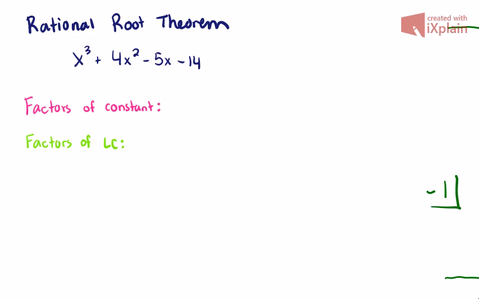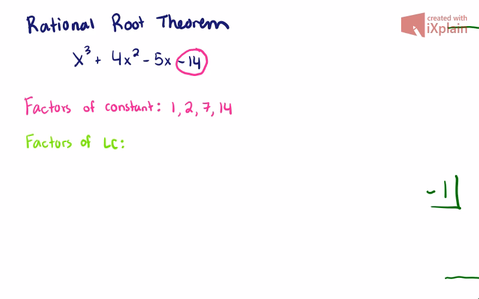And remember, for the rational root theorem, we need to find the factors of the constant and the factors of the leading coefficient. Our constant in this case is negative 14. Remember, we could use positive or negative 14. It doesn't matter because in the end, we end up using positive and negative numbers anyway. So I'll just use positive 14. And the factors of 14 are 1, which we already tried, 2, 7, and 14.